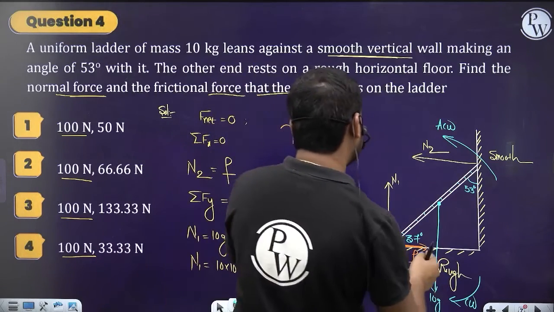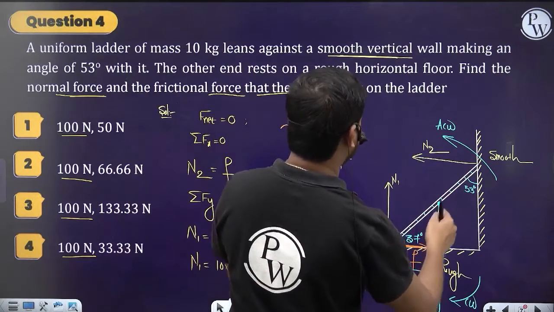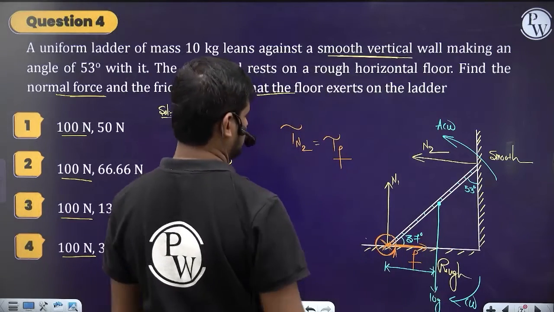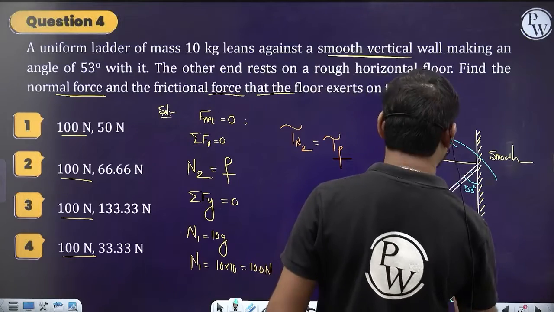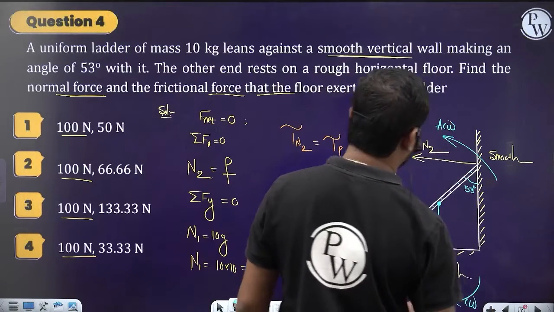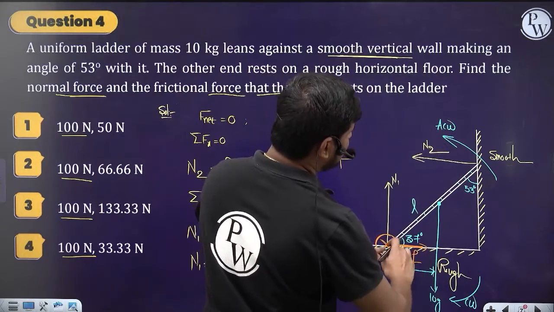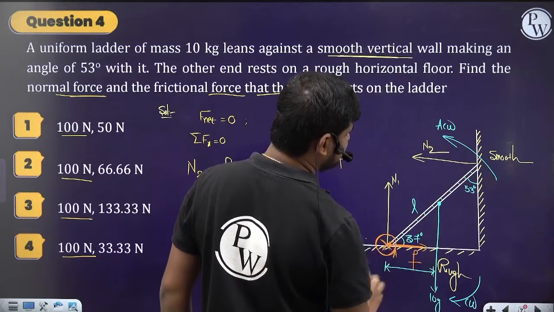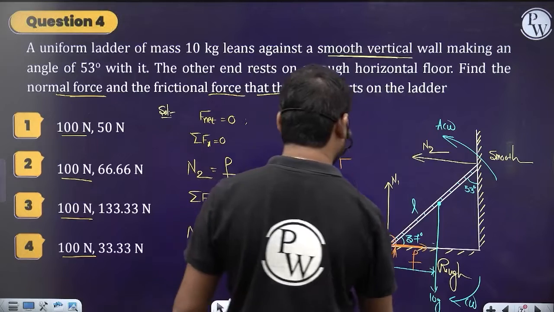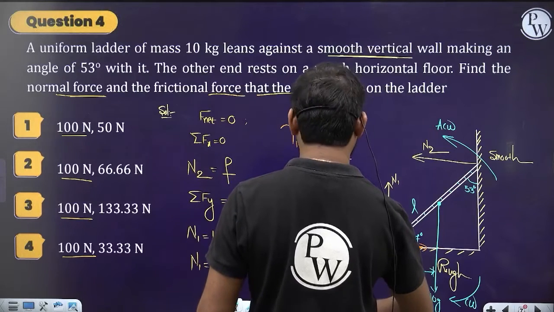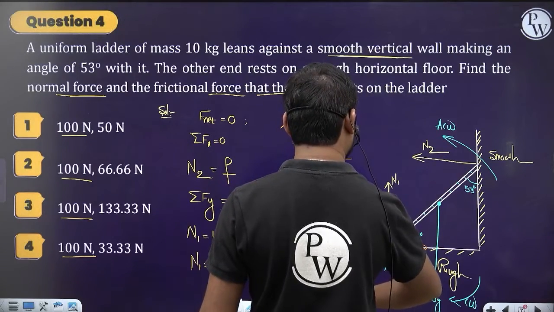The total length of the ladder is given. Let the total length of the ladder be L, so it will be L by 2 sine 37. Or else, let's take the total ladder length as 2L.